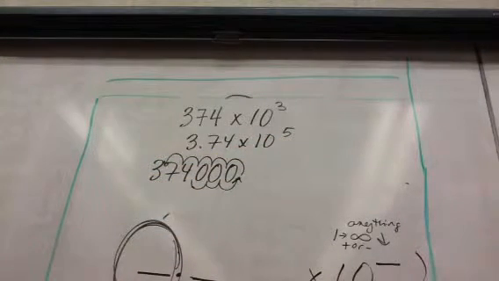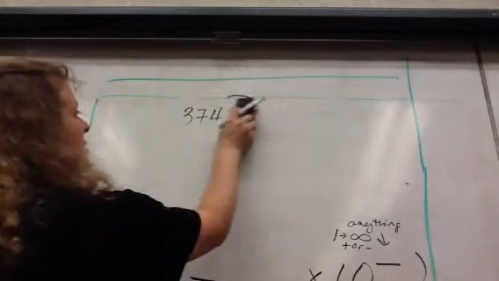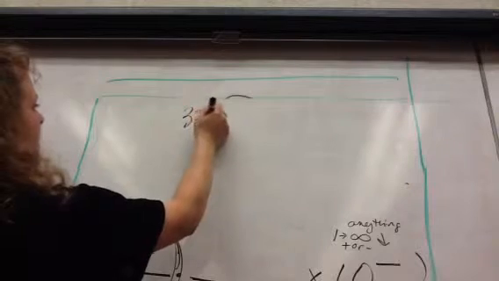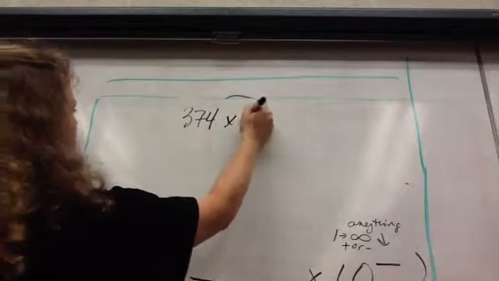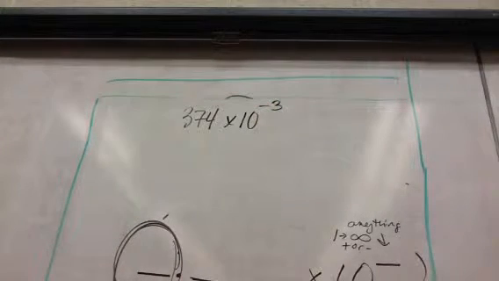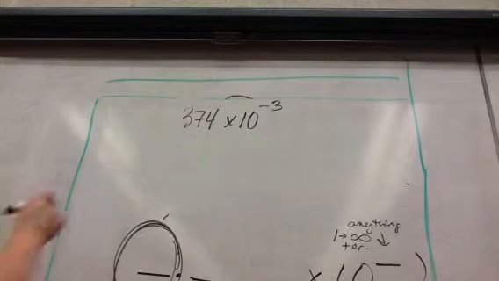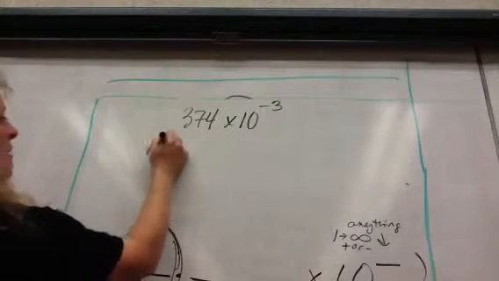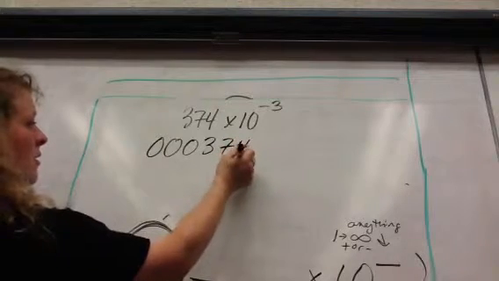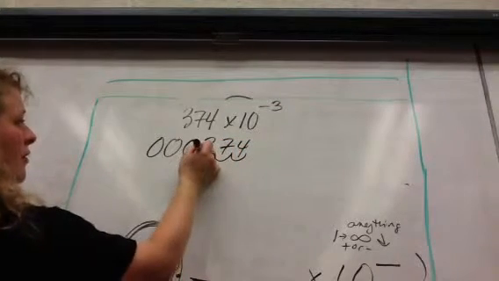So let's try the opposite case. Let's try 374 times 10 to the negative third. And let's see what form that should really be in. So again, I'm going to fluff this number out. 1, 2, 3.